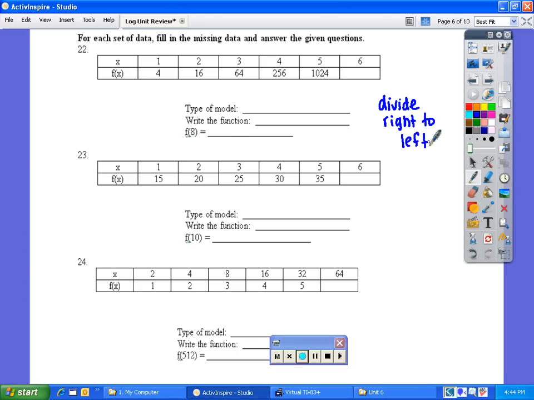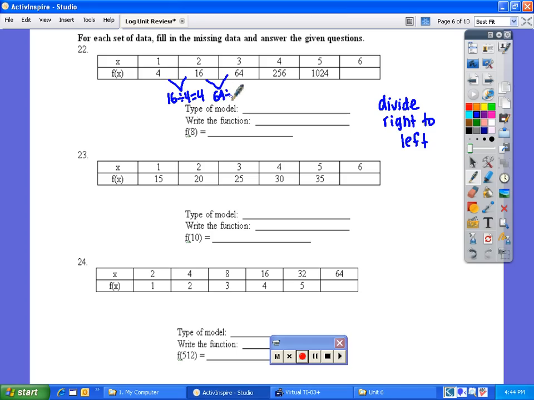Don't start with subtracting, because sometimes subtracting can be deceiving. If you divide, you'll know right away if it's exponential. In the first one, I'm going to divide 16 divided by 4. That's equal to 4.